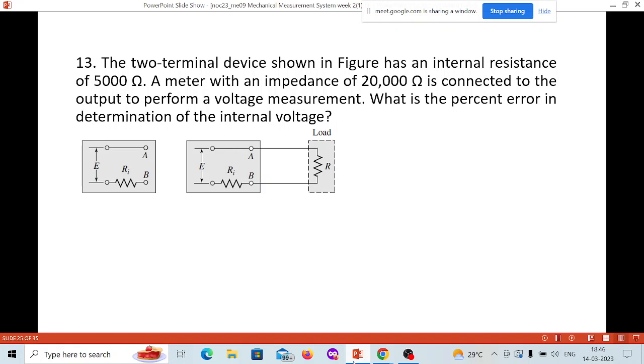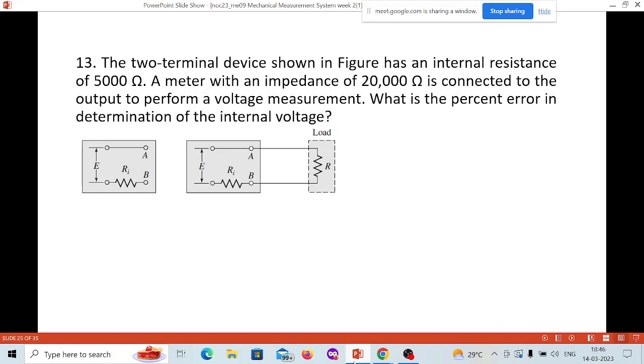So we have a two terminal device. The two terminals are A and B. It also has an internal resistance of 5000 ohms, the internal resistance Ri. So we have a voltage across here which has to be measured, and we have the internal resistance of the instrument, which is Ri of 5000 ohms. We are putting up a load and measuring the voltage across.